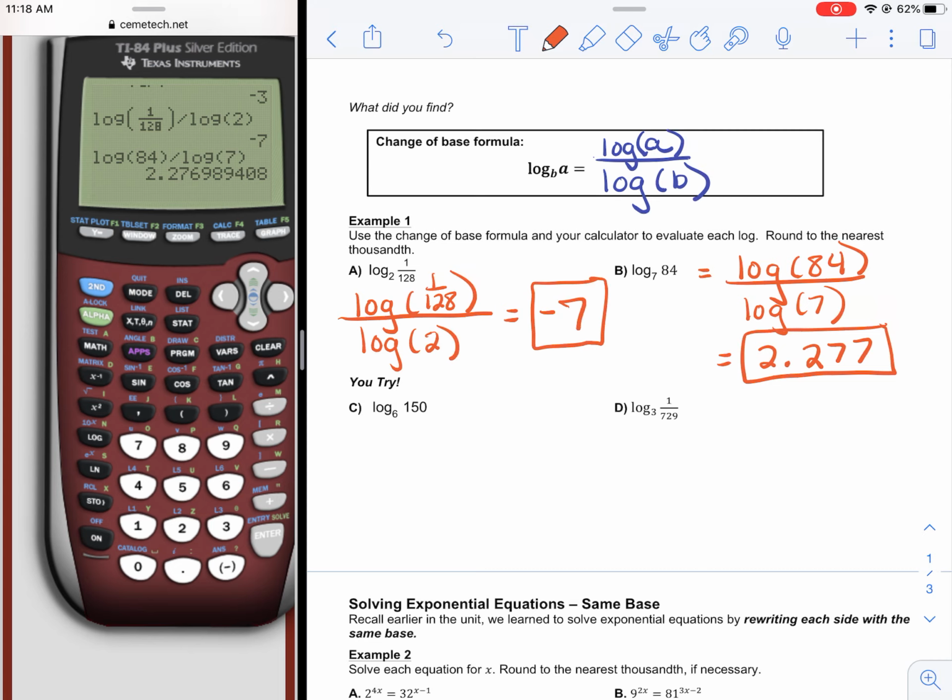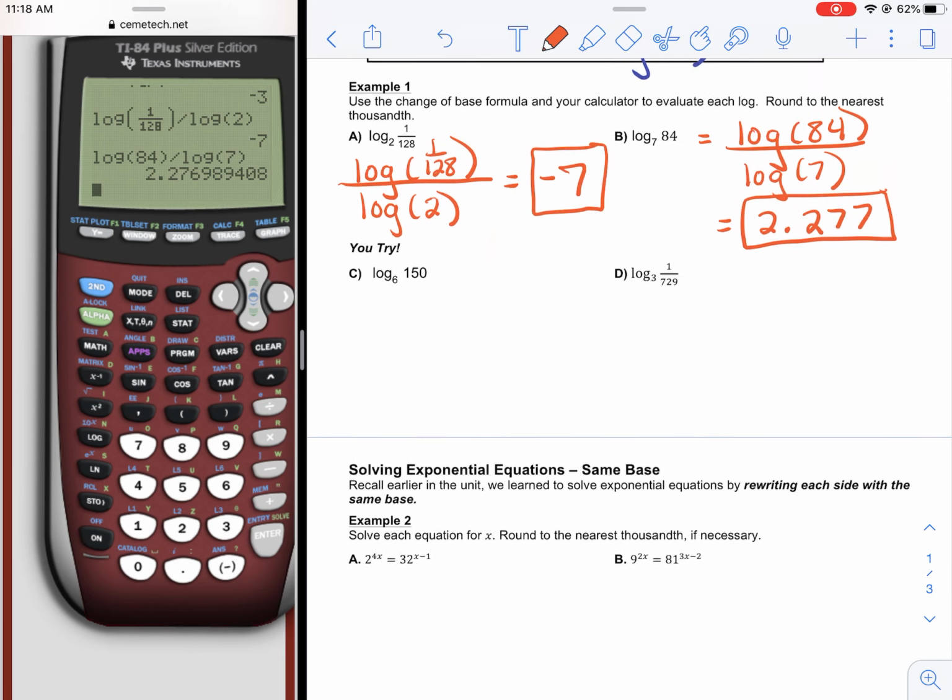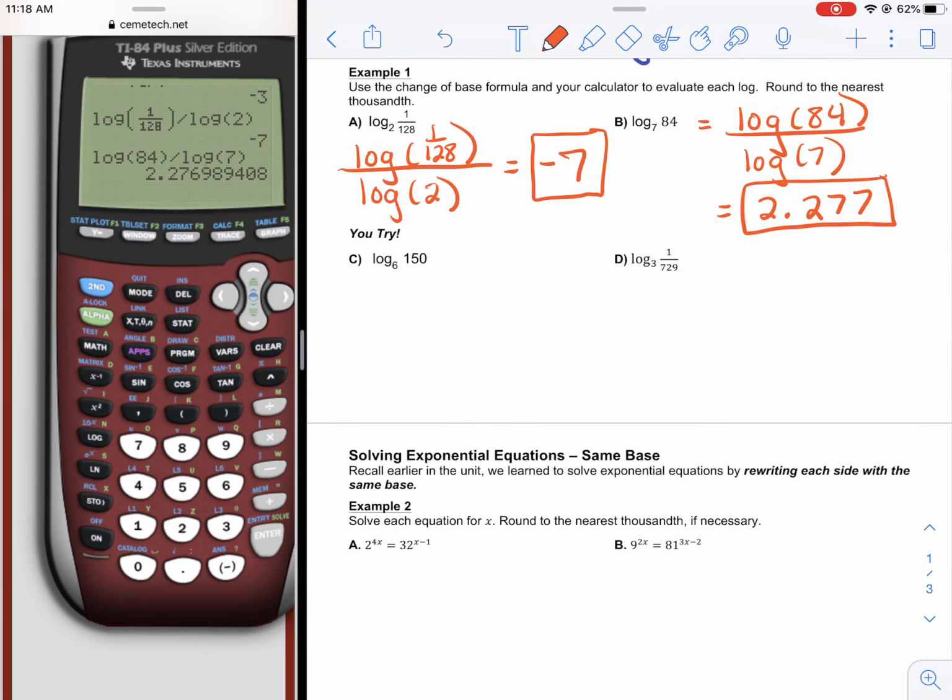So go ahead and pause the video and try the next 2 problems. And then I'm going to go through them quickly so you can check your answers.